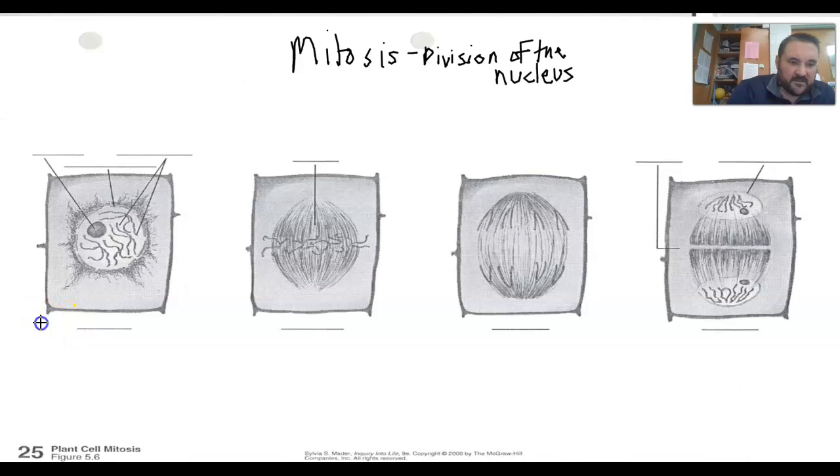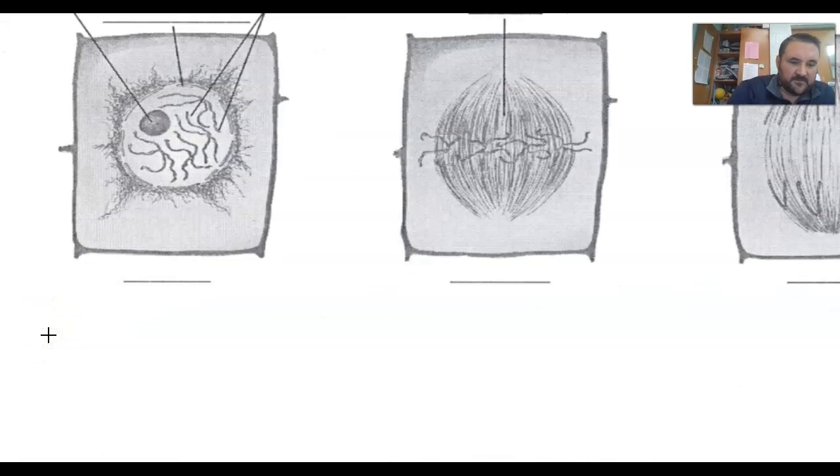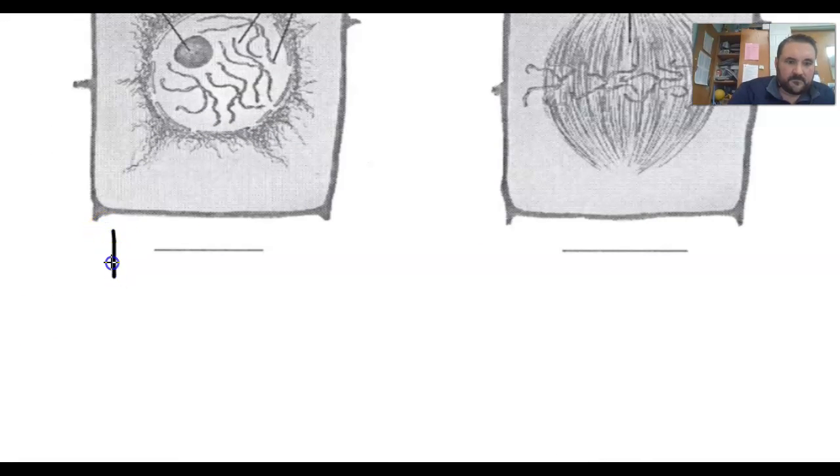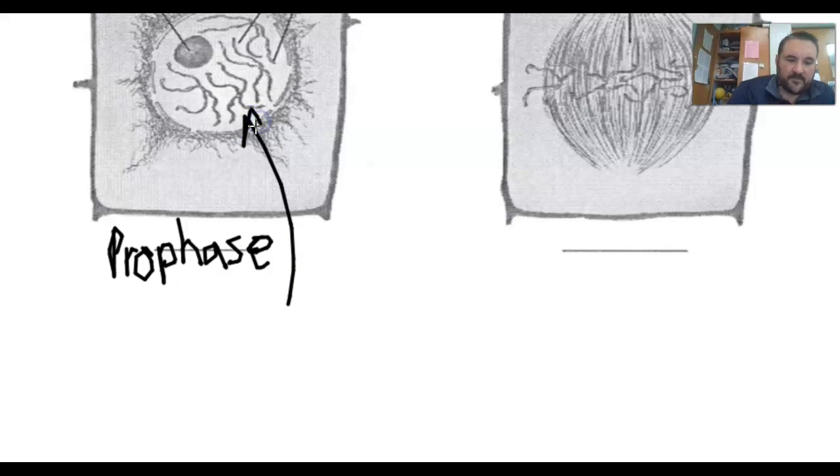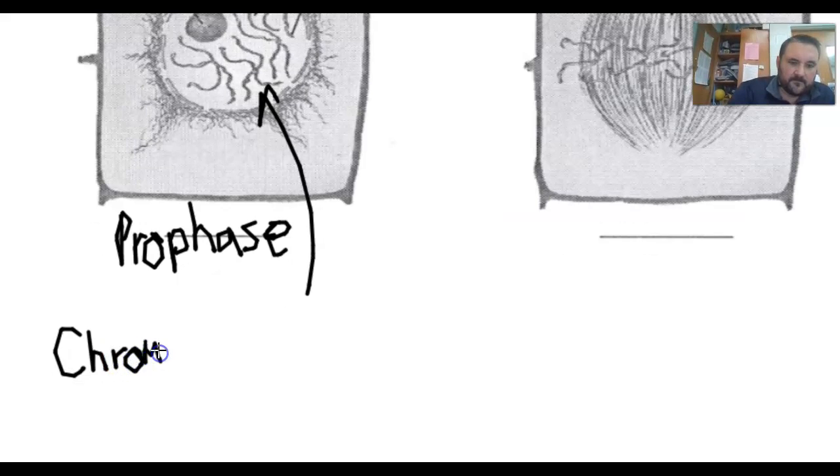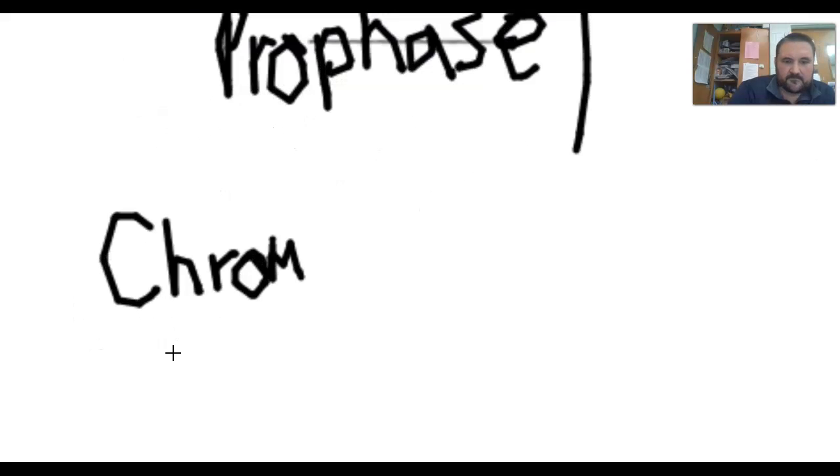This first phase here is prophase. Prophase is when the chromosomes first start to appear and the chromosomes coil, from the chromatin, which is just DNA and proteins.